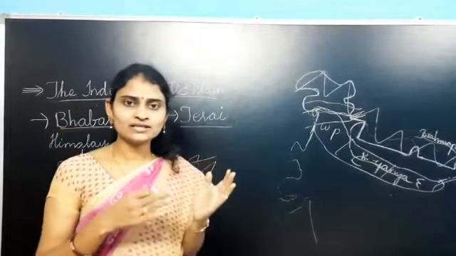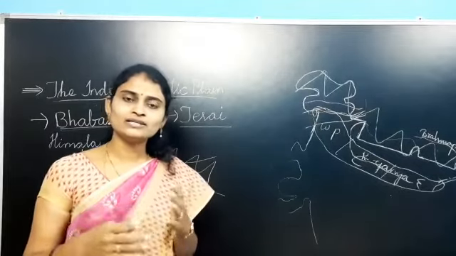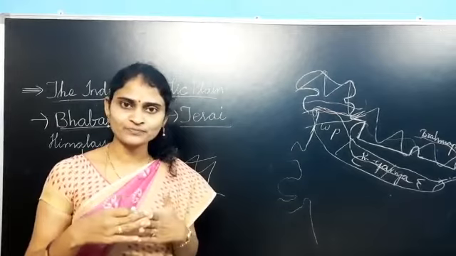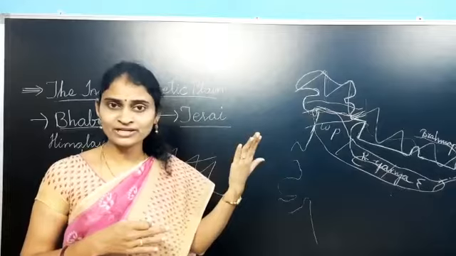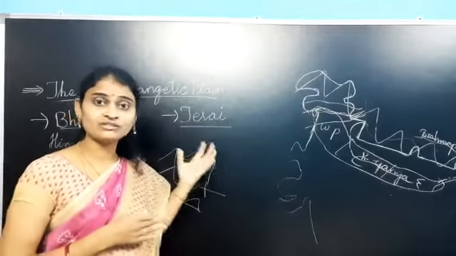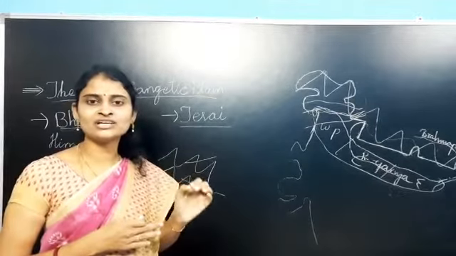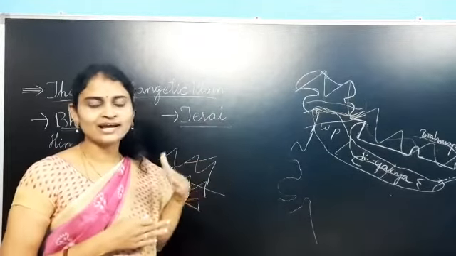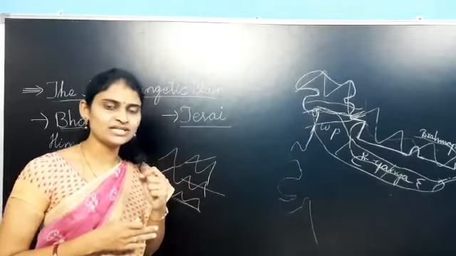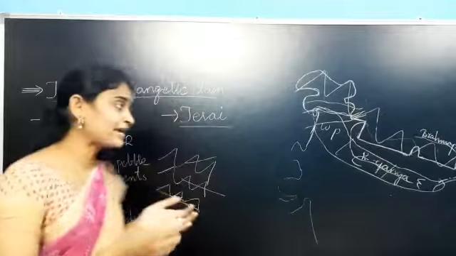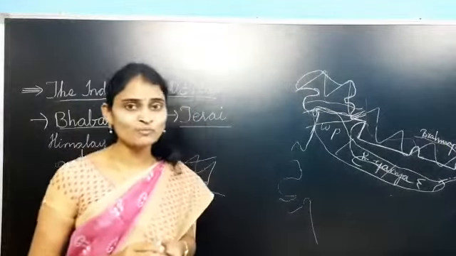Here these soils are very fertile, alluvial soils are formed, and these are useful for cultivation, and water is available throughout the year. Initially, before independence, this region was covered with thick forest and a variety of animals. At the time of partition, this region was cleared and started being used for cultivation. Here there is a question: the Indo-Gangetic plains have high density of population.